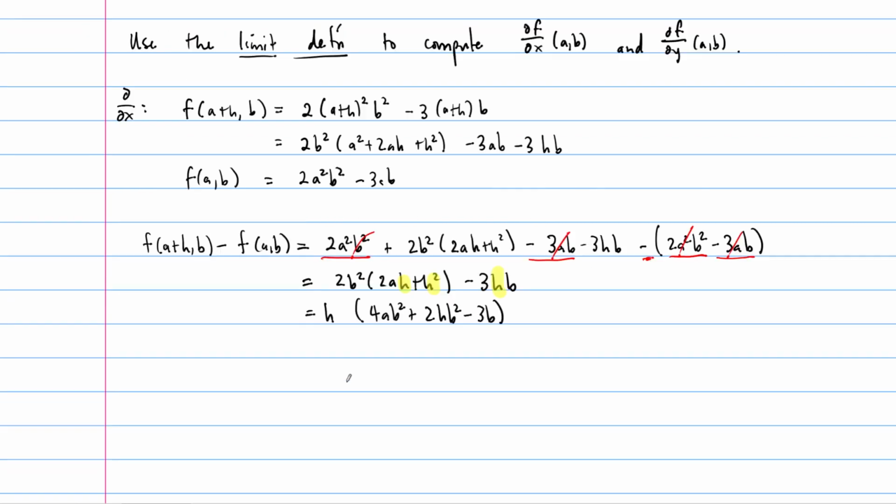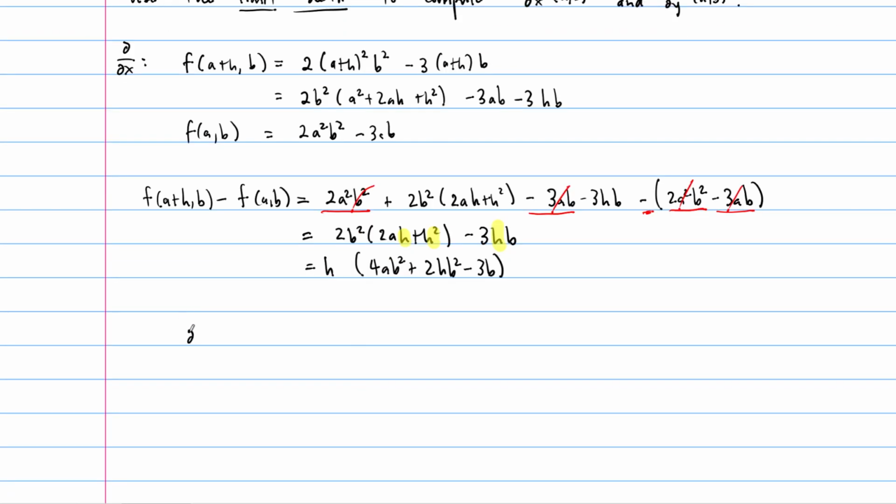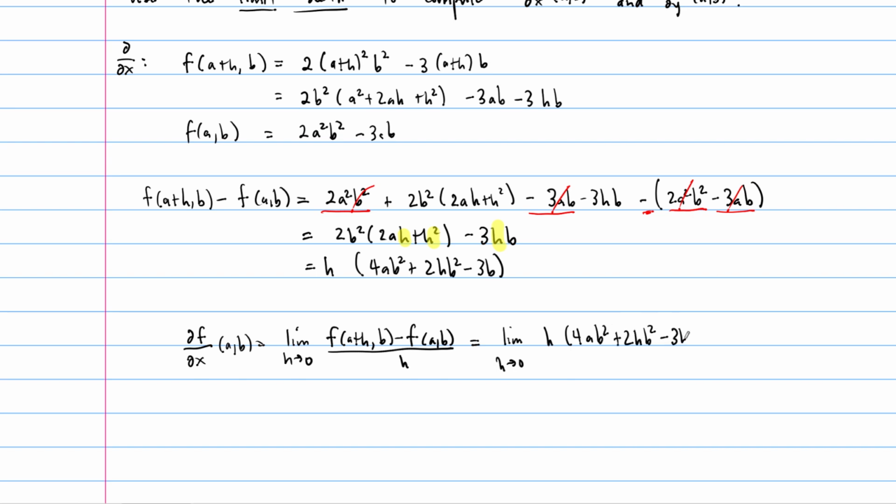We have our h. And now we're ready to take our limit, right? So our partial derivative with respect to x at ab is going to be the limit as h approaches 0 of, let's write out the formula, f of a plus h comma b minus f of ab all over h. And then this is the formula on top, right? So this is the limit as h approaches 0 of h times 4ab squared plus 2hb squared minus 3b, all over h.